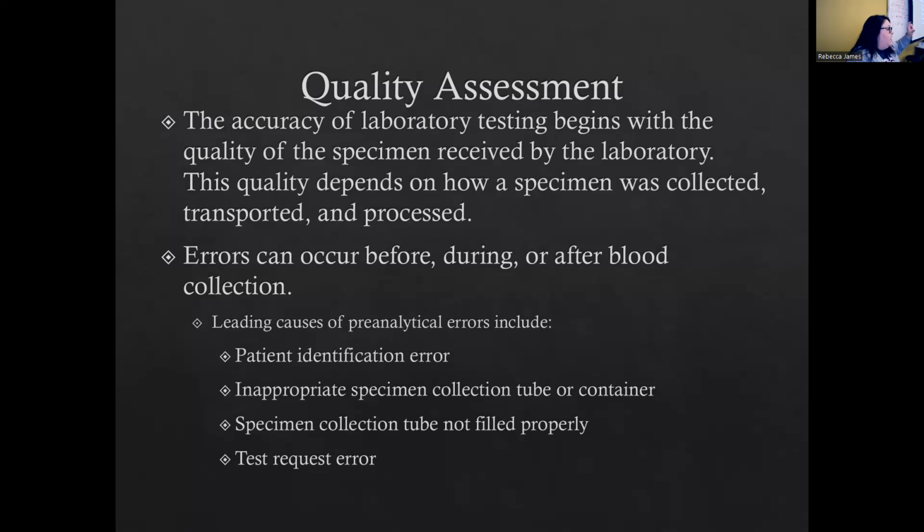And remember, I said you have to invert it, not shake it, because what do you think you're going to do if you shake it? You're going to rupture the red cells, which is called what? Hemolysis. You're going to hemolyze it. So you can't do that. So you have to invert it.